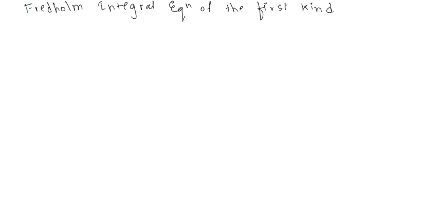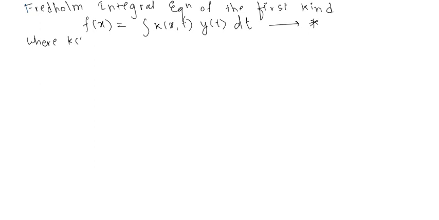And we will consider this equation f of x equal to the integral of k of x comma t, y of t dt. Let me name this equation as star, where k of x comma t is a symmetric L2 kernel.